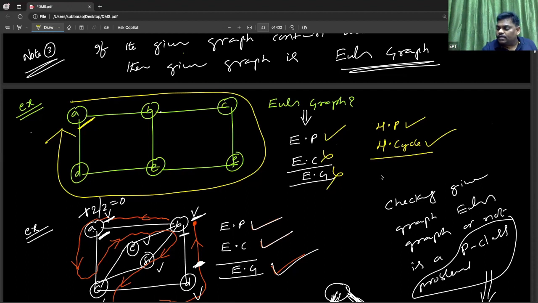Then I can say the given graph is a Hamiltonian graph. Remember, if a Hamiltonian cycle is possible, then it is a Hamiltonian graph.